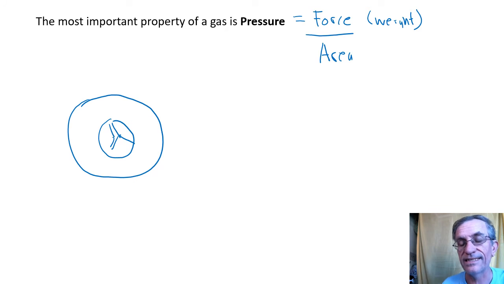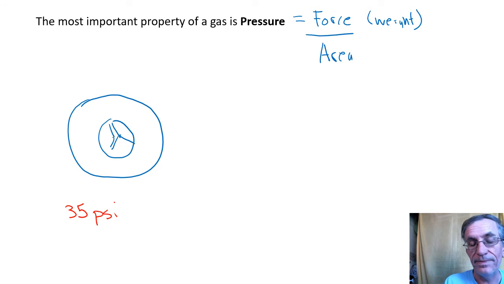On your car tire, there's usually a little label on the wall or inside the door that says inflate this tire to maybe 35, and there's always a unit. Inflate this tire to 35 what? Well, it says 35 PSI. So what does PSI stand for? PSI stands for pounds per square inch.